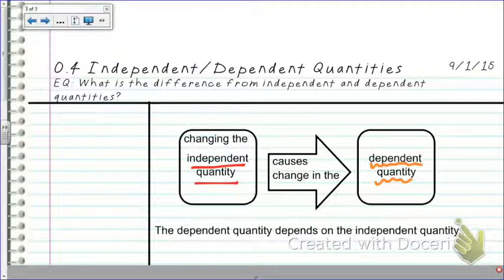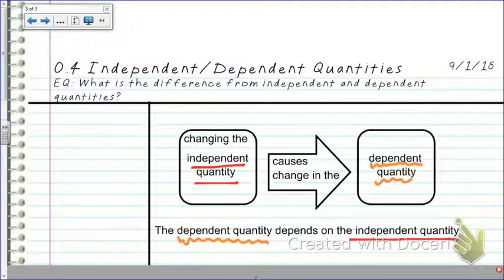And then this definition, like literally if you Googled it or looked in your textbook for the academic definition of these things, it gives you this sentence below, which is why I was saying they're kind of dependent on a dependent definition. The dependent quantity depends on the independent quantity. It's not a great definition.